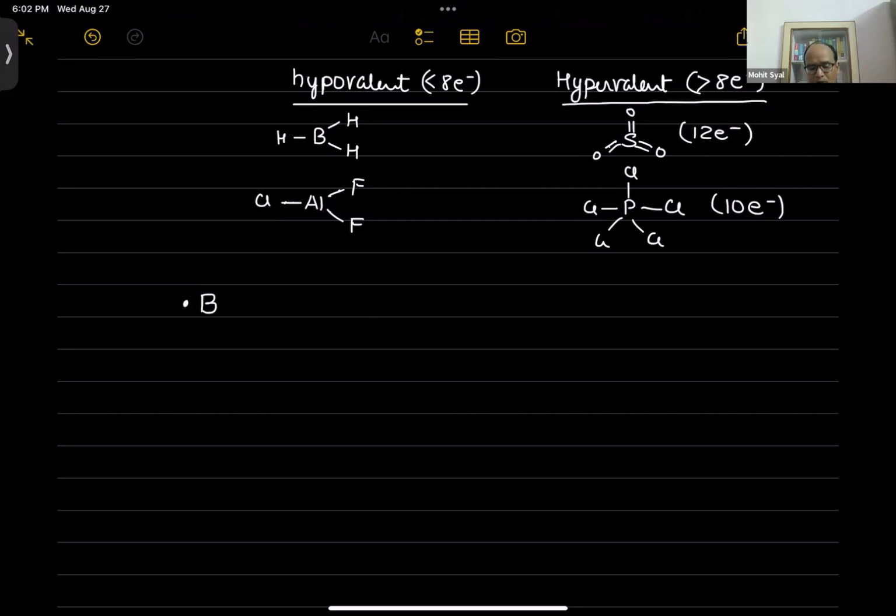I will put only 3 dots on the boron. How many dots on carbon? 4. Then nitrogen, atomic number 7, so 5 electrons: 1, 2, 3, 4, and 5. I am representing only the outermost electrons. Oxygen, 6 valence electrons.